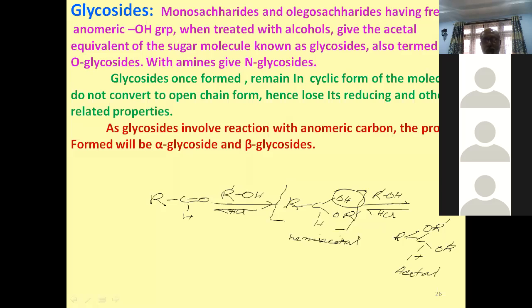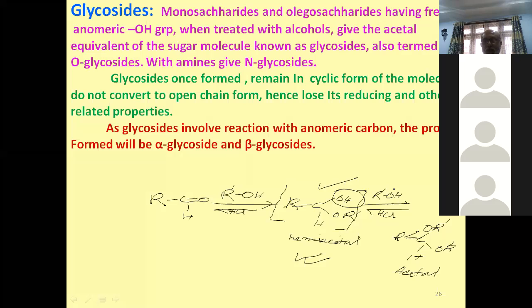Now, in our glucose structure, what have we seen? Our glucose structure exists as hemiacetal, because the aldehydic group and the alcoholic OH group react to give the hemiacetal. But that time it becomes cyclic because it is formed within the same molecule.